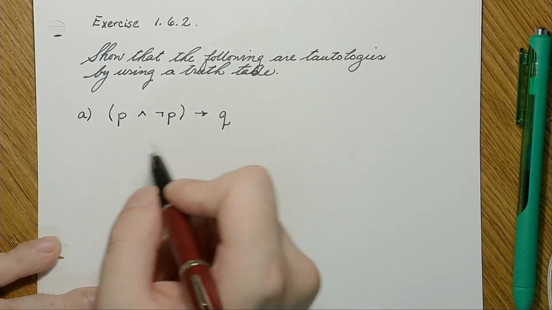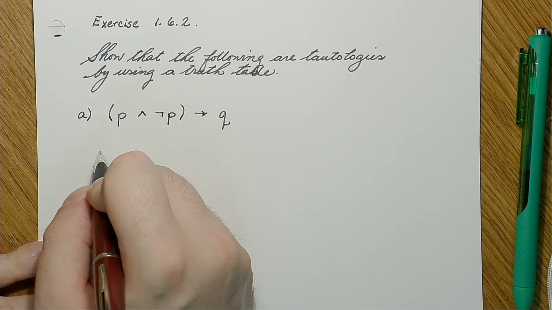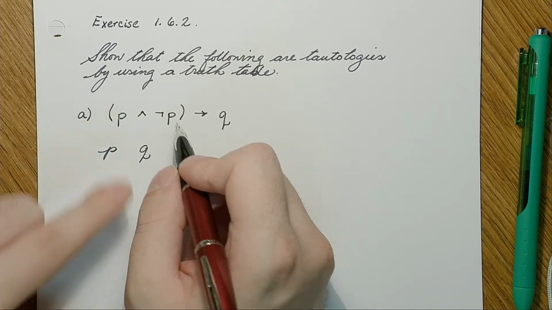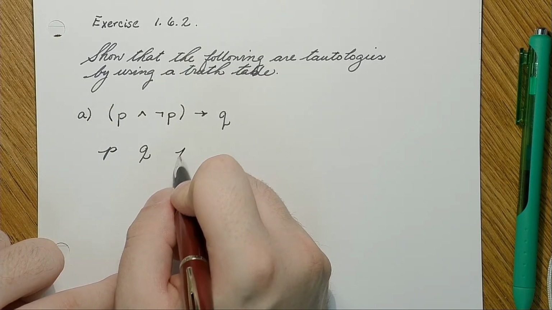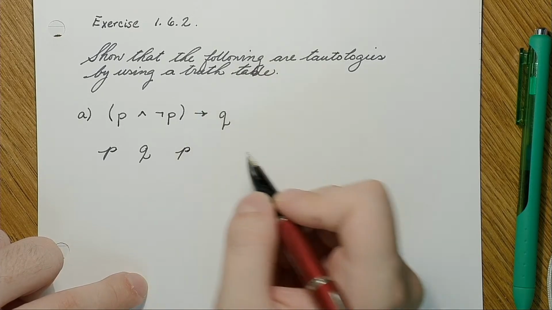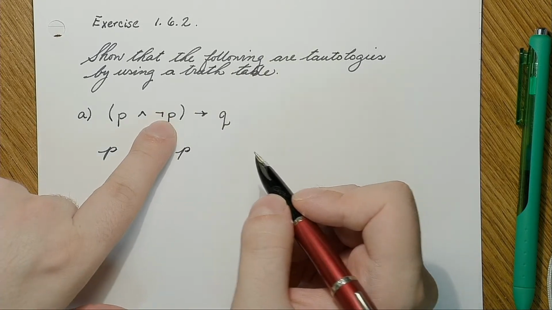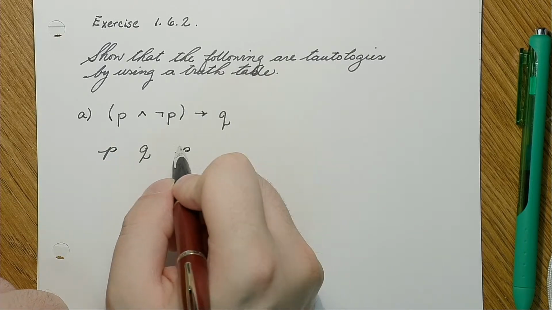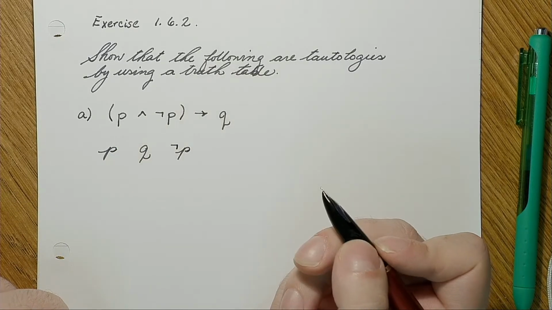So I have two prime propositions here, so I'll do P, Q. Then I'll work inside with the brackets here. I have the P. I see an and here as well. So, or sorry, the negation here. So I'll do the negation.